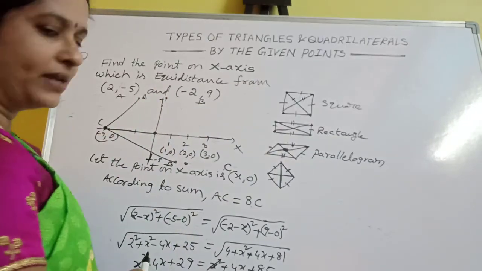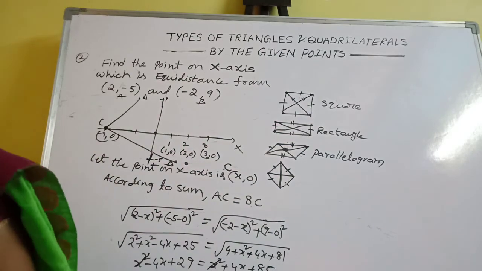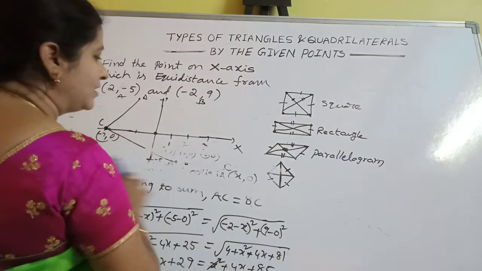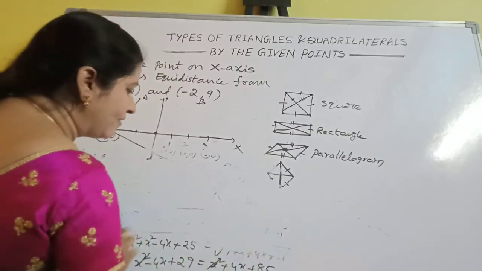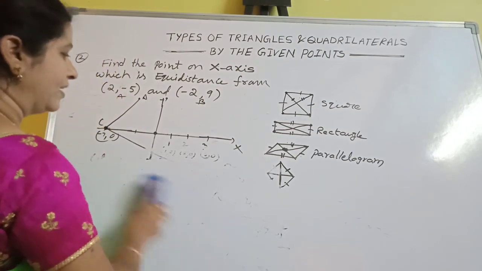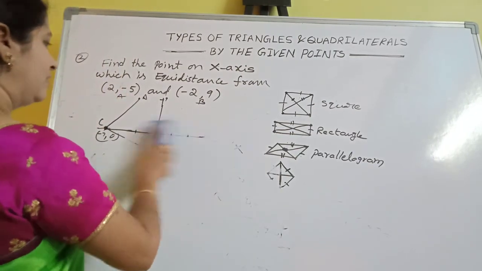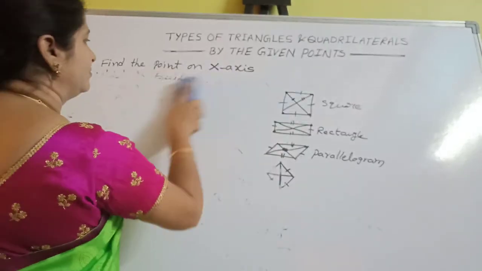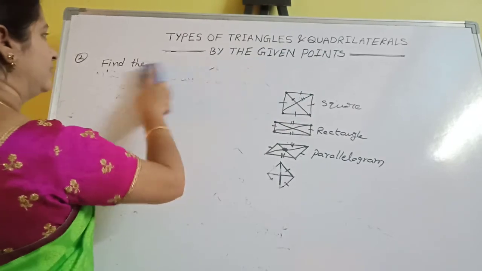In this model there are so many questions. If 2 points are given and the distance is also given, find the value of x. Let us see the model.